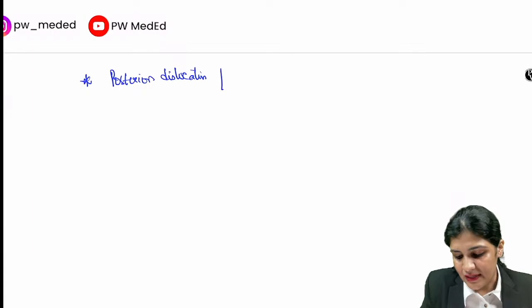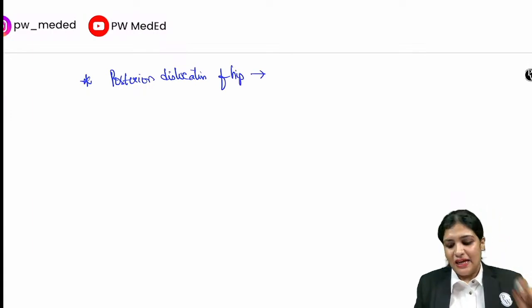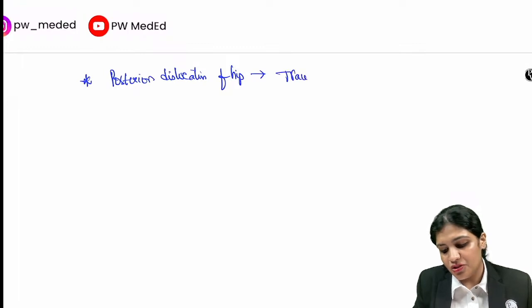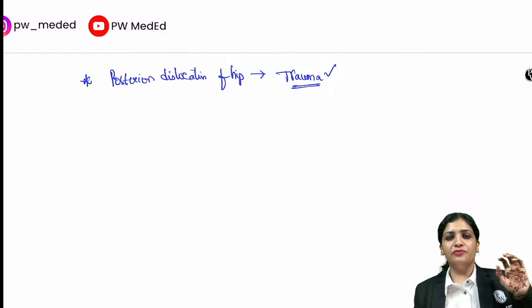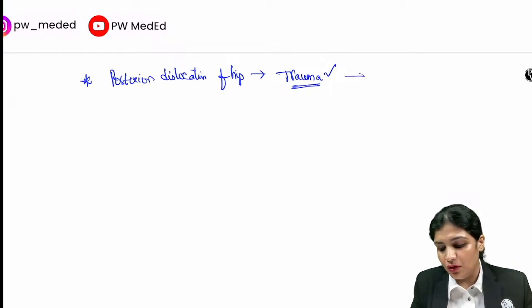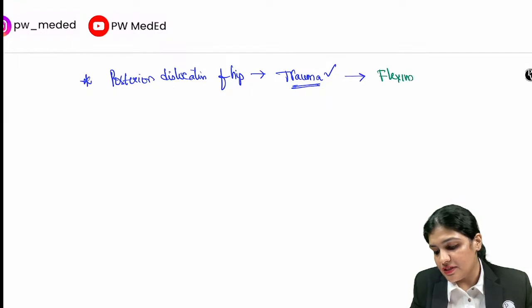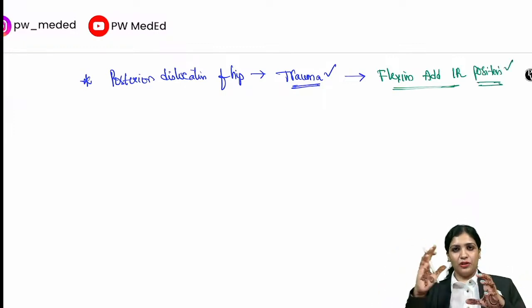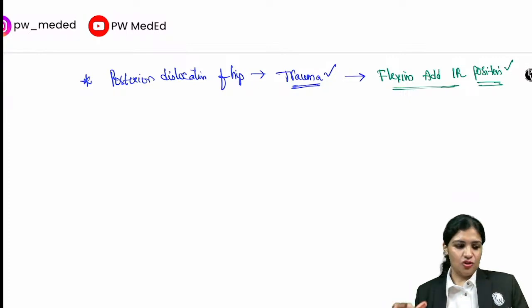Whenever there is a question on posterior dislocation of the hip, it always starts with trauma, because there should be a huge high velocity trauma which will force the limb into a specific flexion, adduction and internal rotation position, right? So whenever this position is seen, and that too associated with trauma, this is nothing but your posterior dislocation of hip, right?